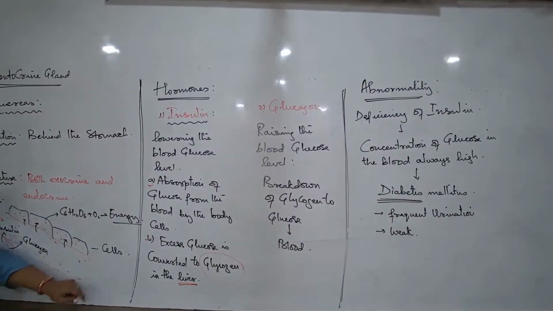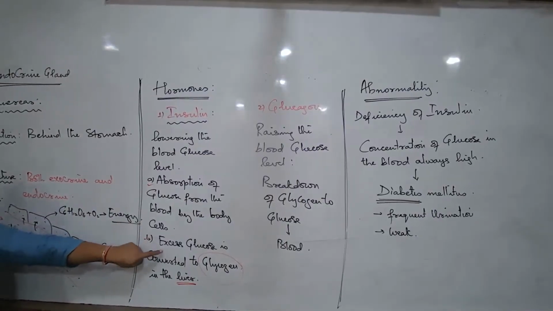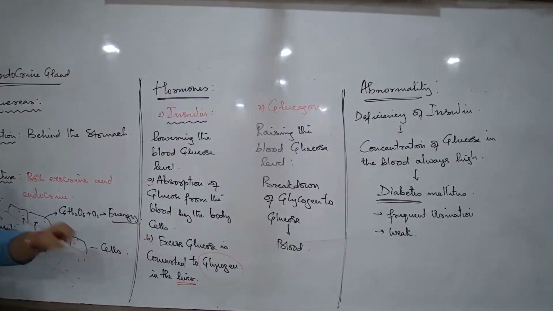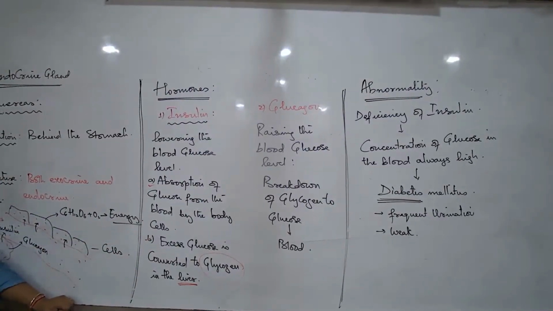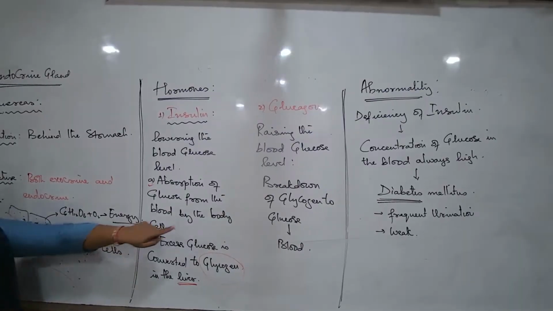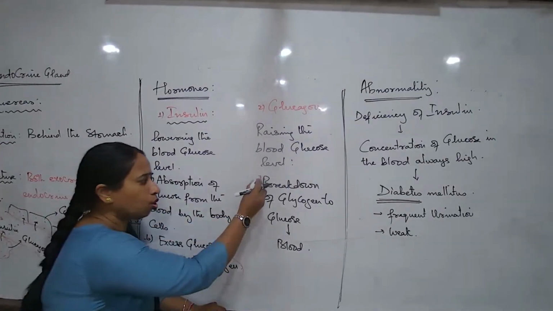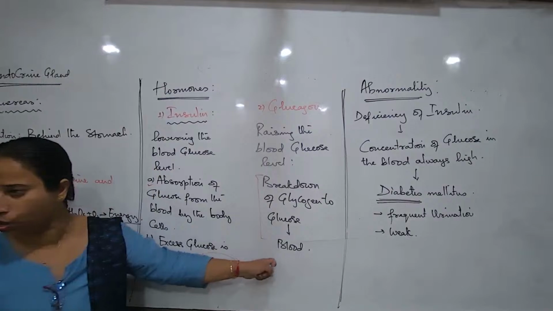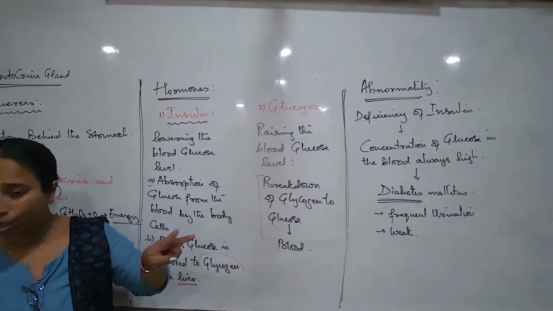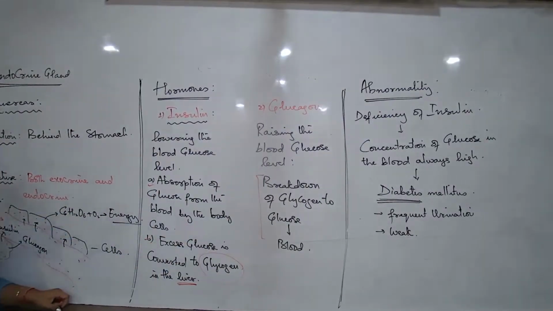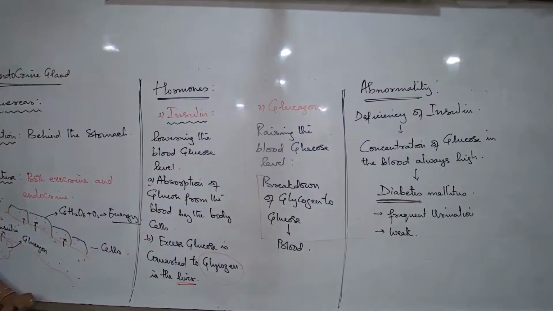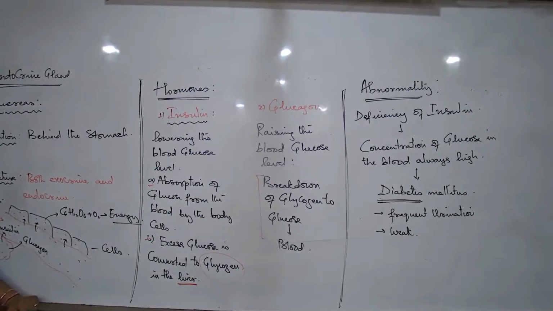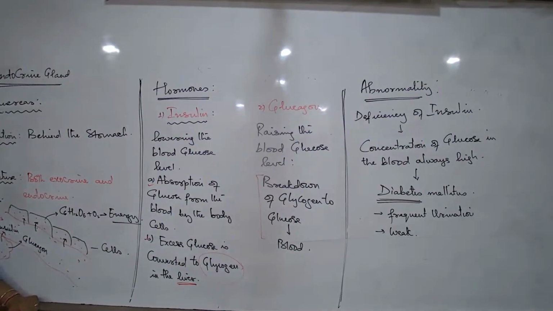Can you tell me which part of the day this process happens in our body every day? This process, breakdown of glycogen to glucose and then entering of the glucose into the blood to maintain the glucose level, happens in our body almost every day. Can you tell me when?